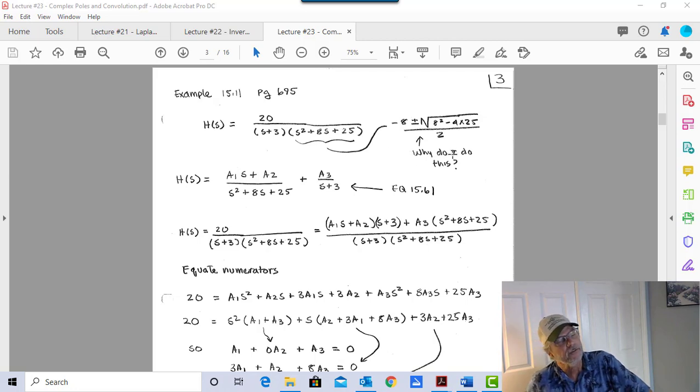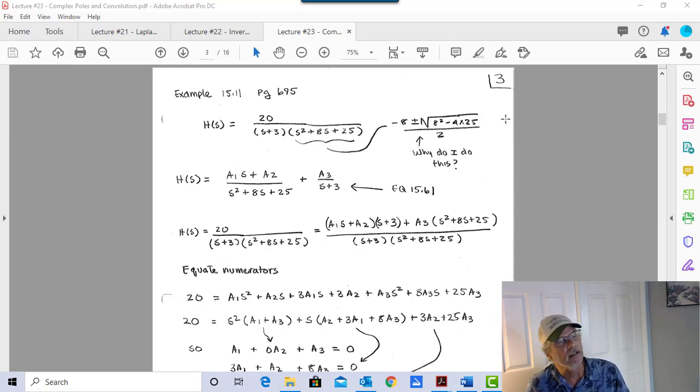Why do I do this? The reason I do this is because I want to make sure that this is really a complex pole. Because for all I know, this could be factored down to s plus 1 times s plus 5 or something like that. And if that was the case, I'd have 3 simple poles, and I wouldn't be going through the procedure we just did. So I throw the quadratic formula at this.